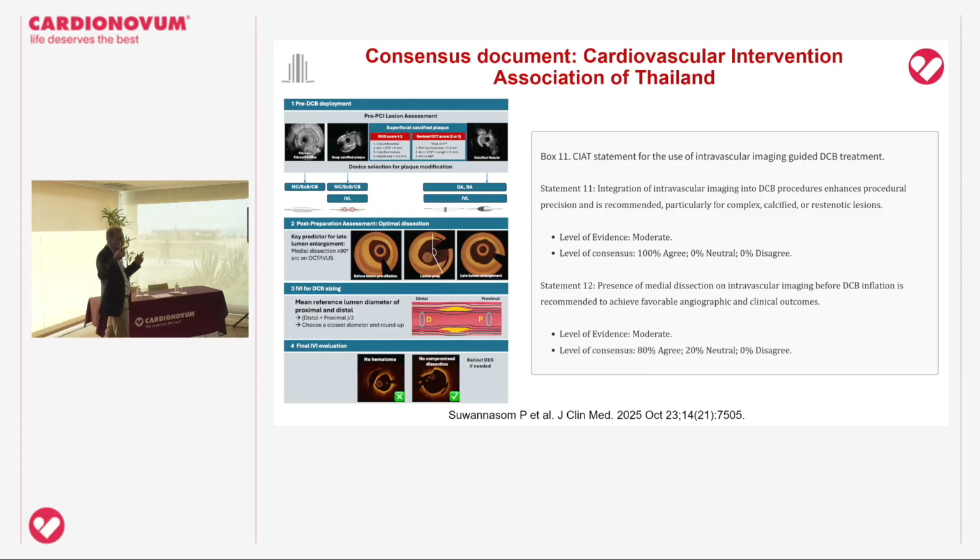Try to cover the entire segment, and then choose the closest diameter and round up a little bit. And then the final evaluation: if this is a good dissection and there is no hematoma, this is also a good signal. If you have hematoma, then it's better not to go for a DCB.